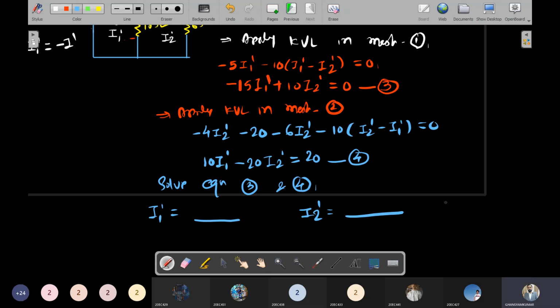So I1 dash 5 ampere and I2 dash 1.5 ampere. I1 dash 5 ampere. Please verify. Other students, please verify the same.